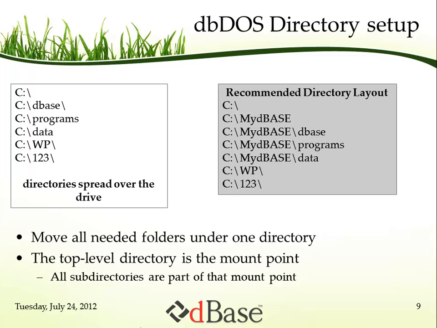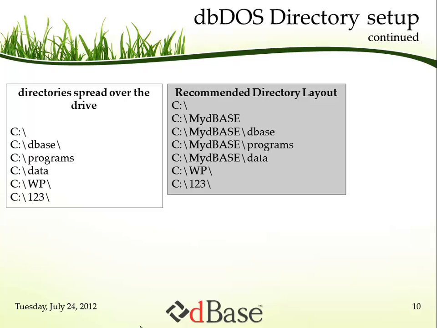So I have a top level directory as the mount point, and then all subdirectories underneath that mount point are known as that drive. So in other words, using that same example, I could mount C:\mydBASE. Then dBASE, programs, and data would all be reflective of C drive.